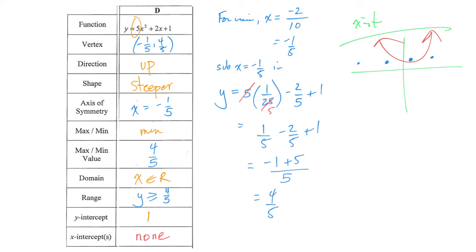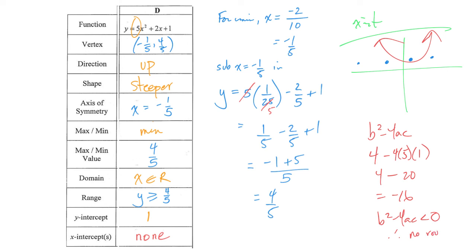Now, if I was to be a little cumulative, maybe I have some people that use your good old discriminant. And you calculate and you say, okay, so b squared is 4 minus 4 times 5 times 1. So that's 4 minus 20. That's negative 16. Wait a second. My discriminant is negative. So therefore, no roots.